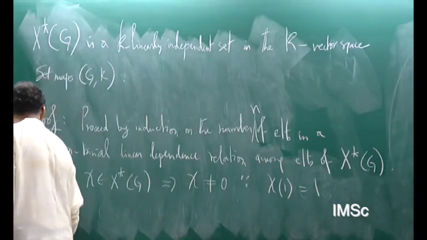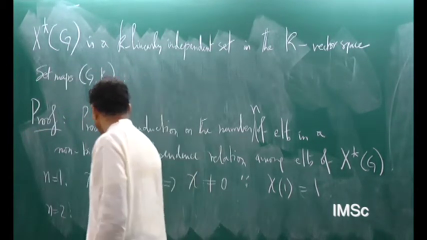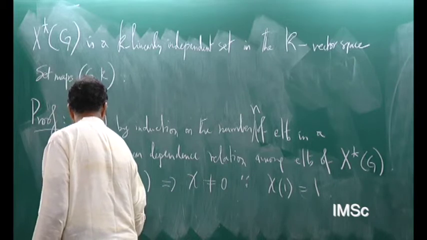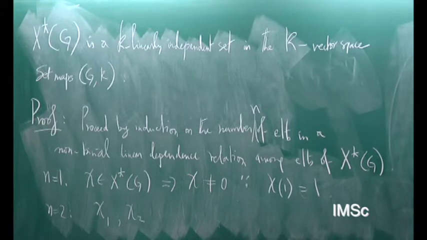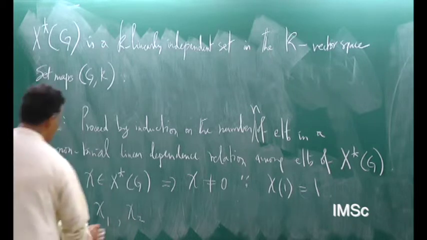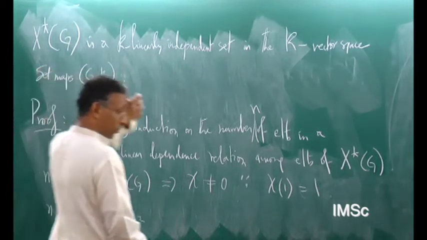Okay, let's do it for 2. How do you do it? Suppose I give you chi 1 and chi 2, which are distinct. That's all you know: chi 1 is not equal to chi 2. We want to show that there is no linear dependence relation.